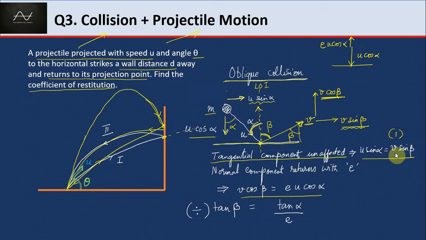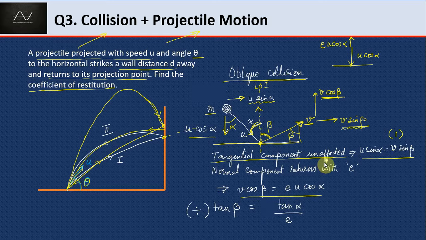If somehow the speed after the collision v was equal to the initial speed, if v was equal to u, then sine alpha is equal to sine beta. That means alpha is equal to beta. So that means if beta is equal to alpha, then v must be equal to u, and that is angle of incidence is equal to angle of reflection.